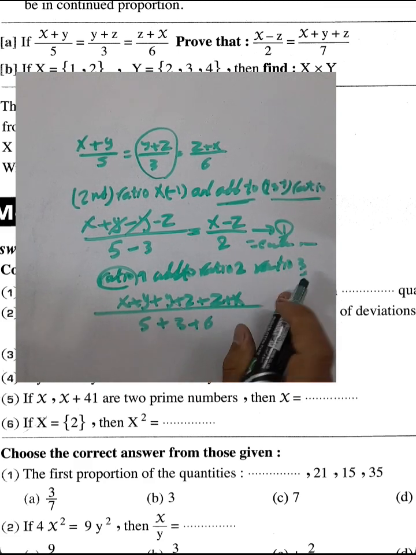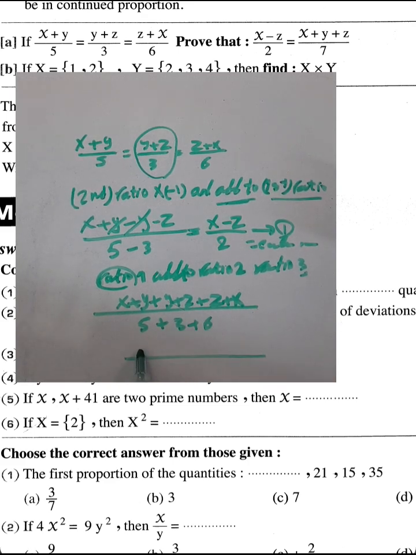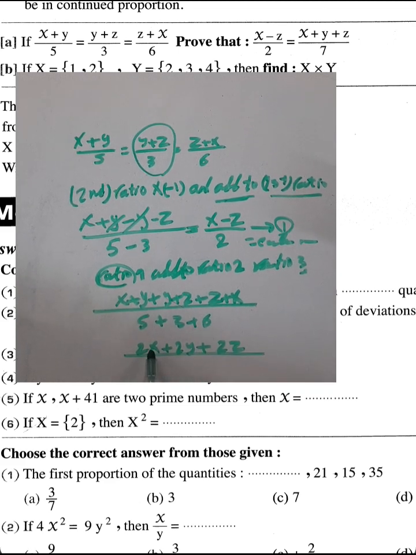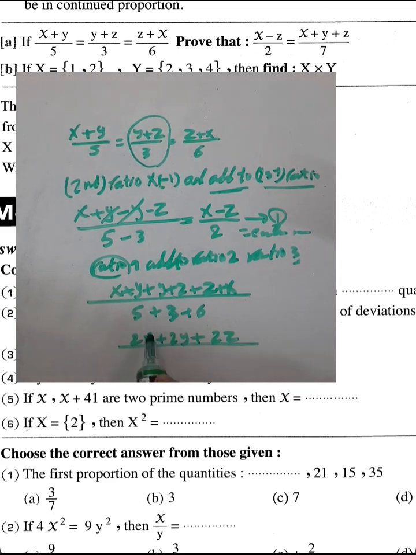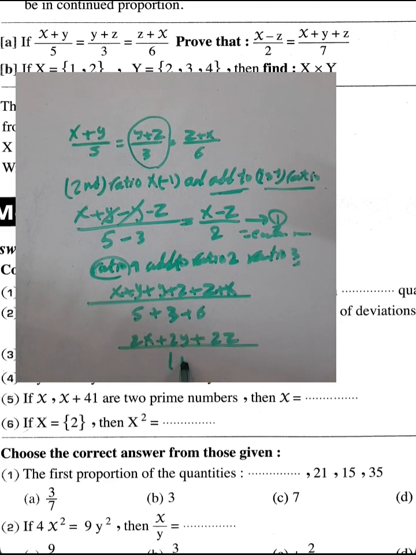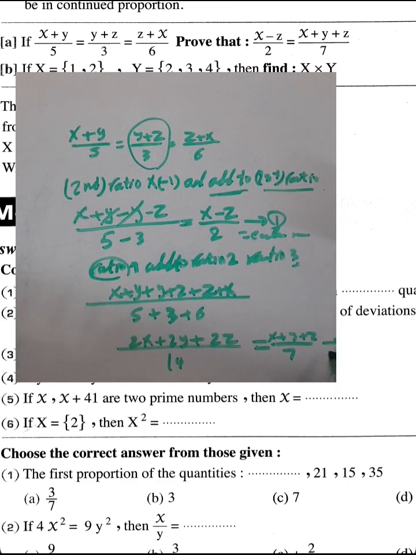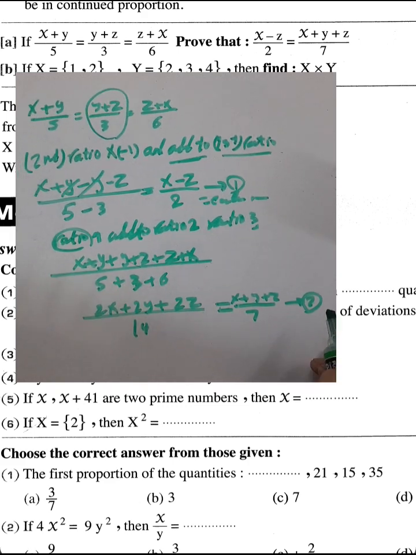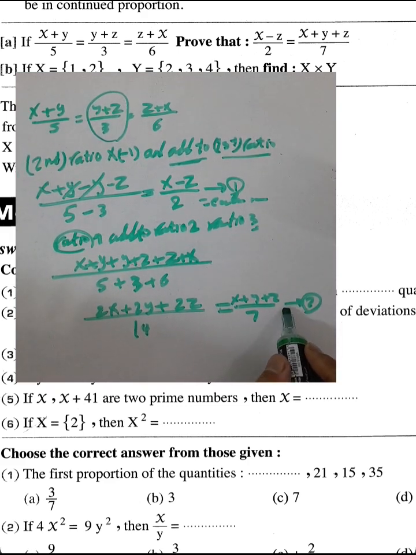You can add them and simplify. x plus x will be 2x, y plus y is 2y, z plus z is 2z, and 5 plus 3 plus 6. 5 plus 3 equals 8, 8 plus 6 equals 14, and then you can simplify it by dividing by 2. x plus y plus z over 7 is relation number 2, equal to each of any ratio.